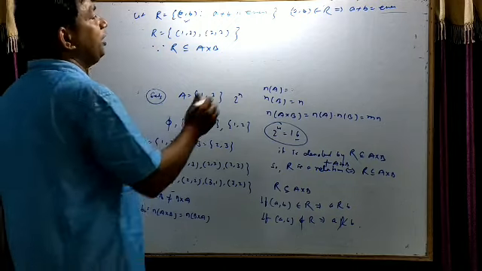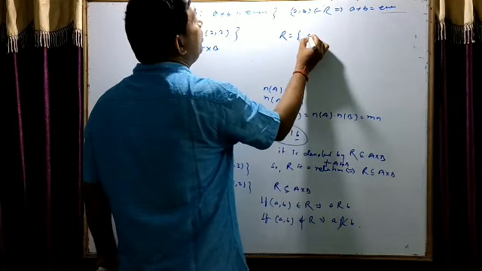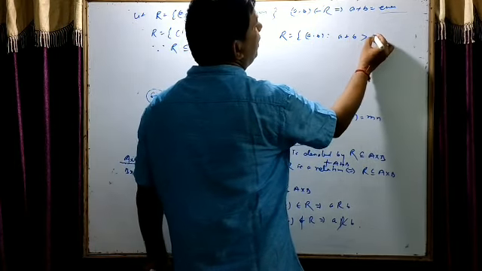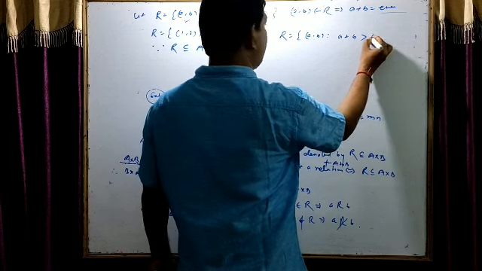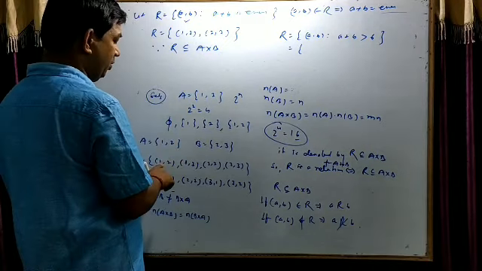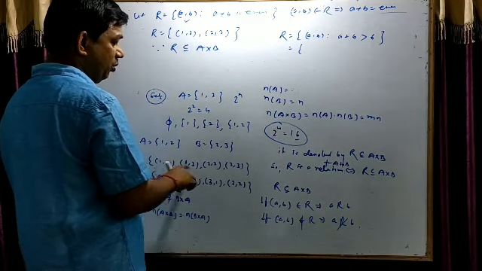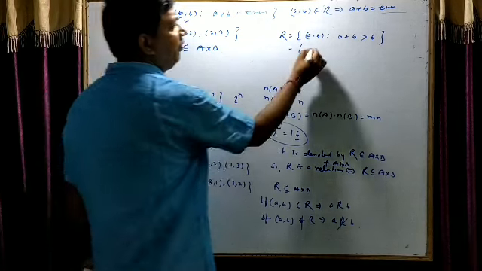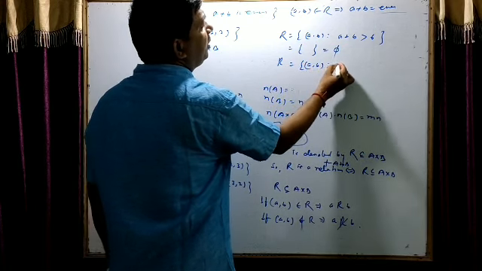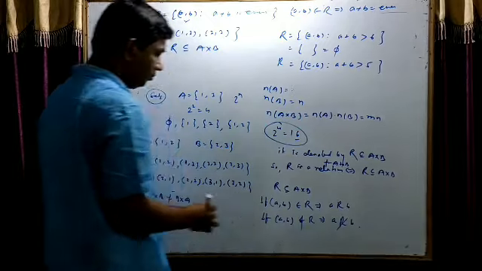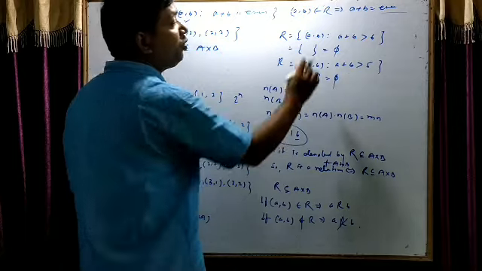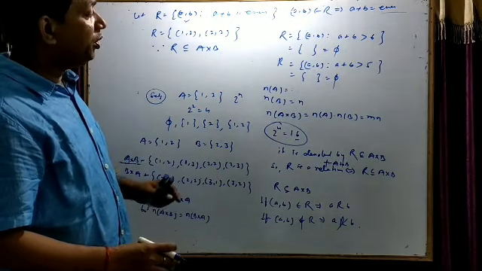But suppose here is one more example. If R is equal to {(a, b) such that a plus b is greater than 5}, then only those pairs are in R. So here the definitions are changed, but the output is always the same.